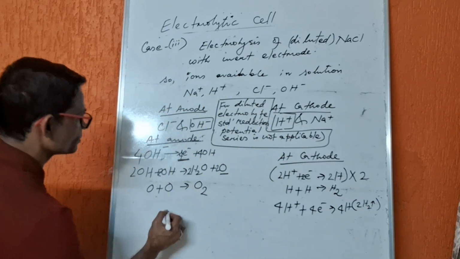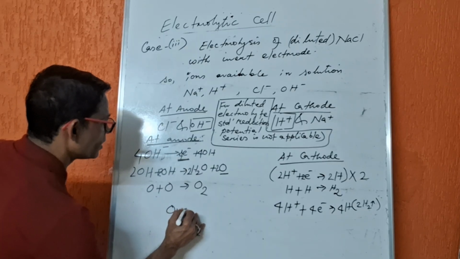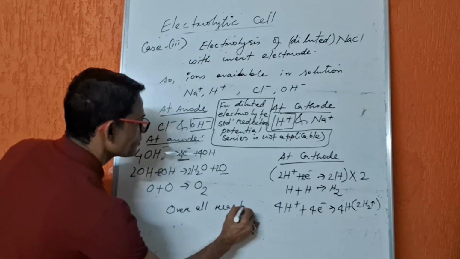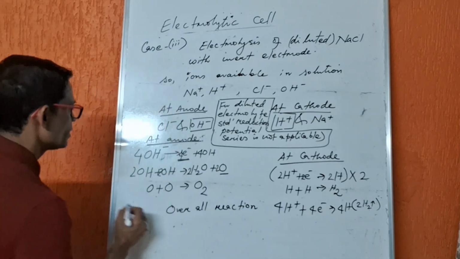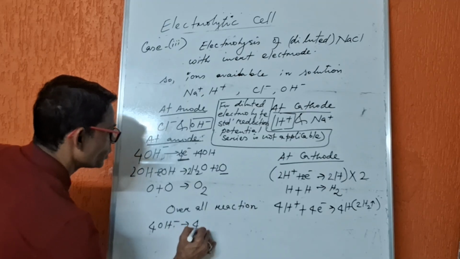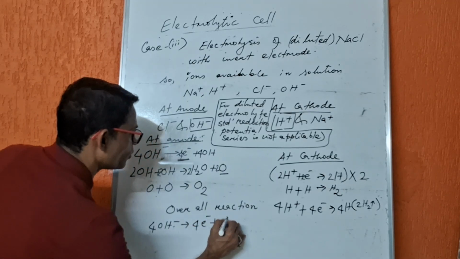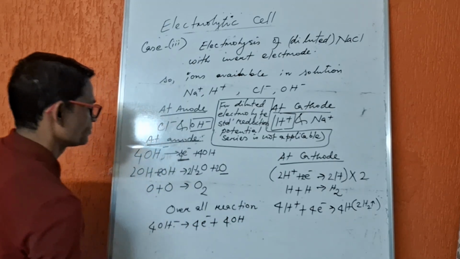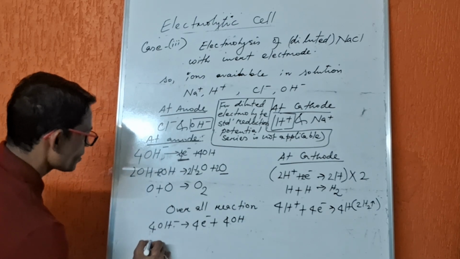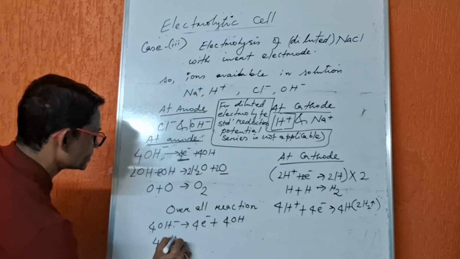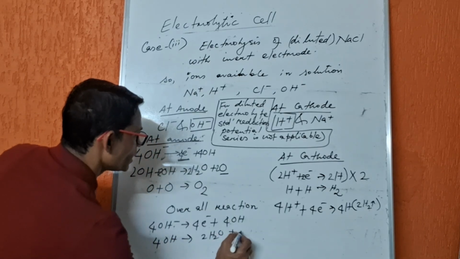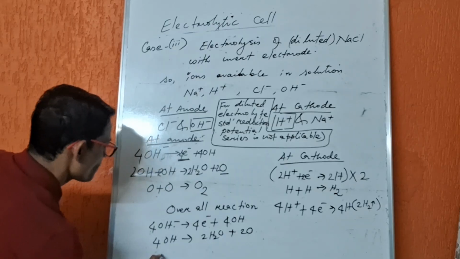The overall reaction is: 4 OH minus lose 4 electrons to give 4 OH. That means 4 OH gives 2H2O plus O2.